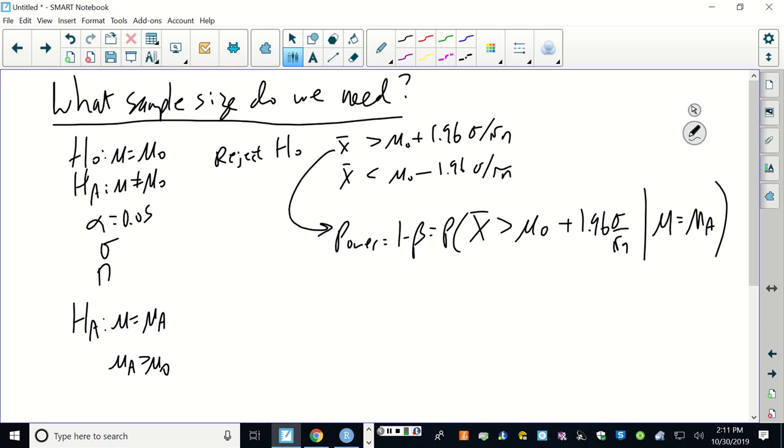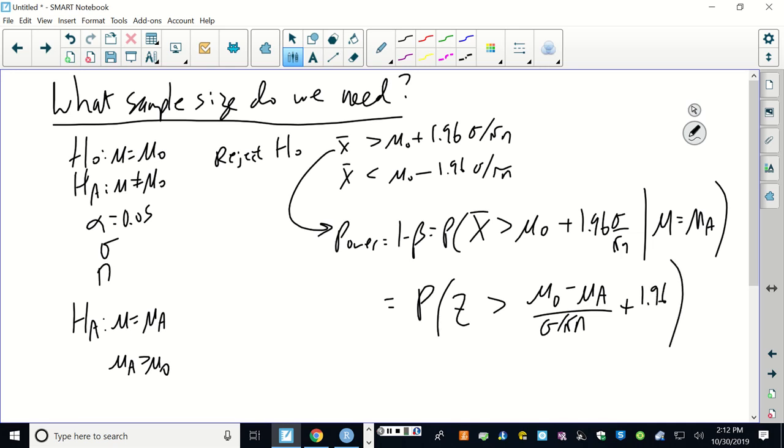And so we're going to subtract the mean and divide by the standard deviation and get the probability that Z is greater than mu sub 0 minus mu sub A over sigma over the square root of n, plus this 1.96 value. So you can solve that for n.